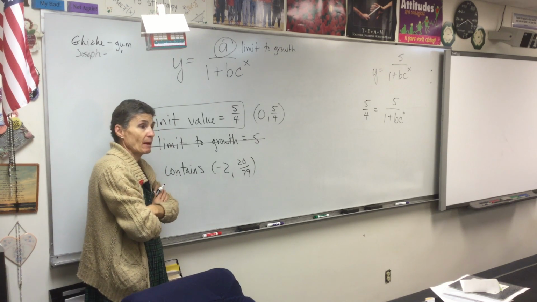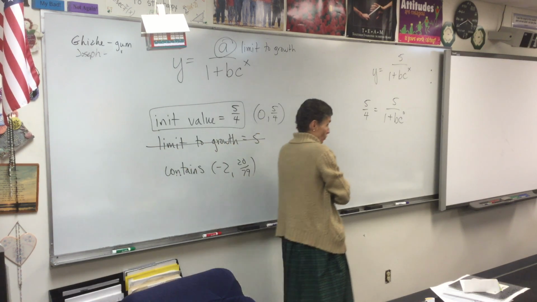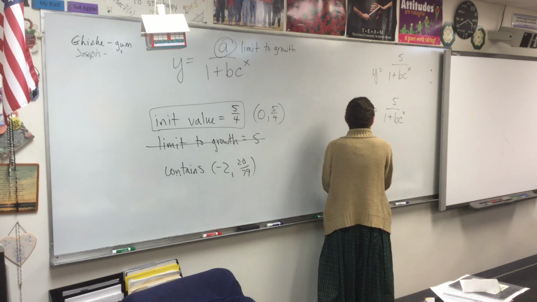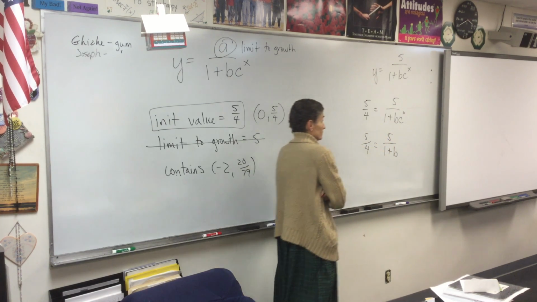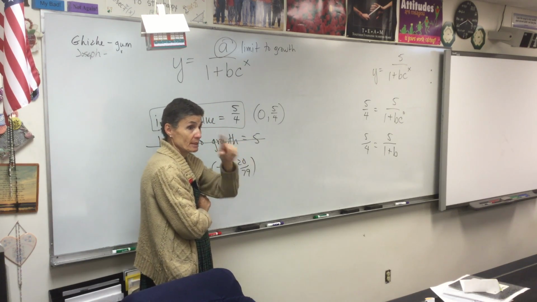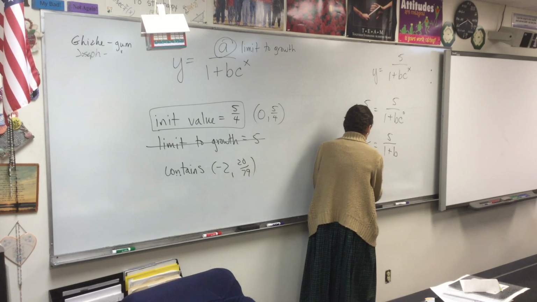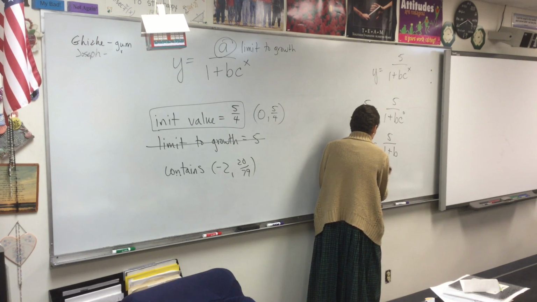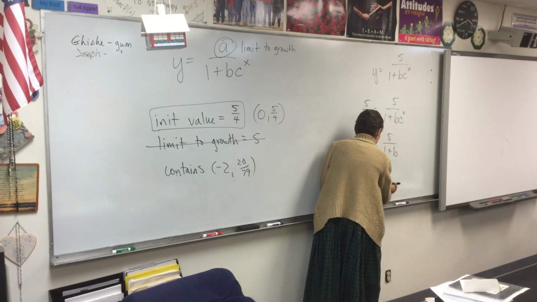And what's nice about that? Well, the c is gone. So now I have this, right? Which I can solve by simply cross multiplying. So 5 plus 5b equals 20. So 5b equals 15.